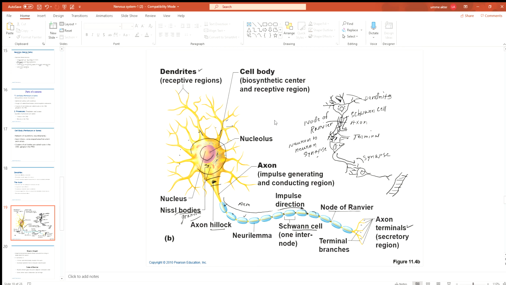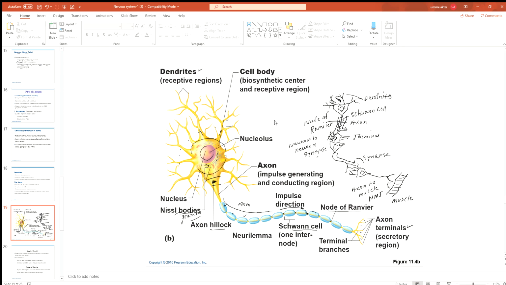This is a muscle fiber, and this is the axon terminal, and this is called a neuromuscular junction. So axon to muscle fiber is called a neuromuscular junction.